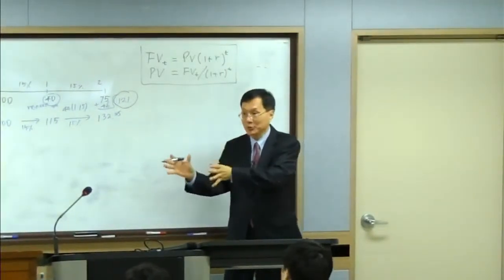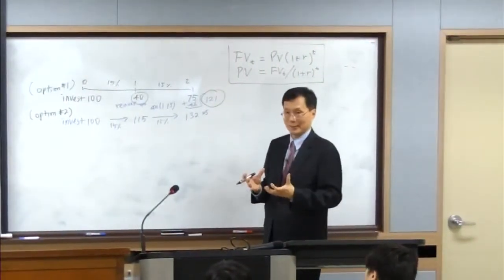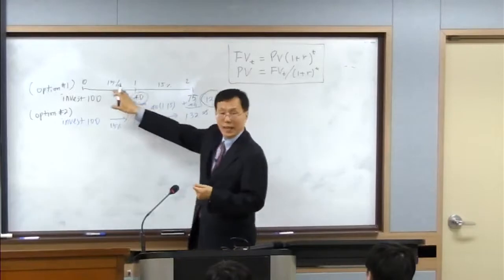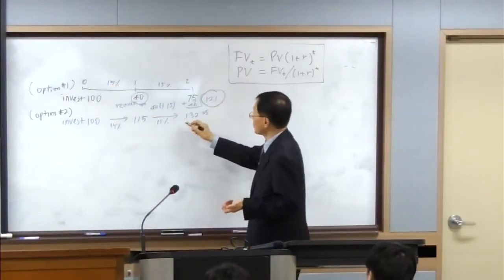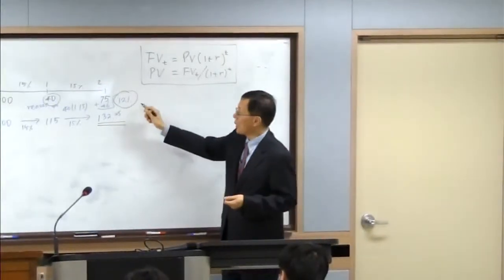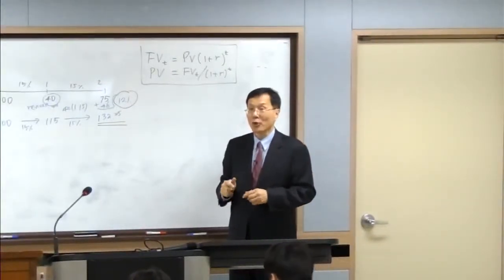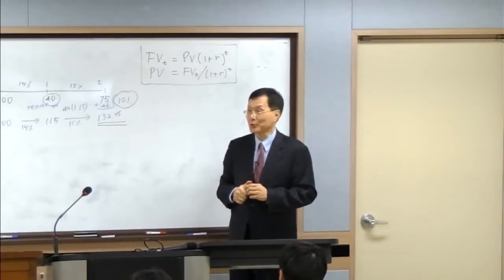But if you follow your own instinct, investing at the market opportunity of 15%, then you end up 132.25. So you are ahead by following your own instinct rather than following stockbroker's advice.